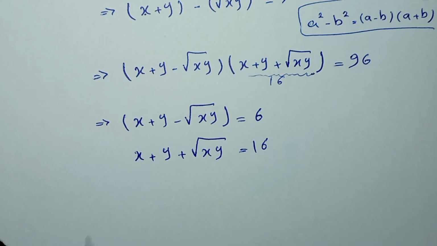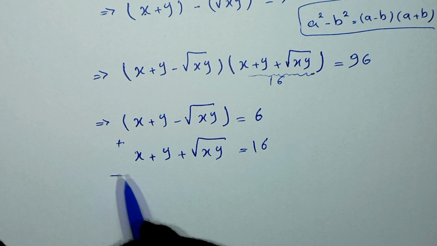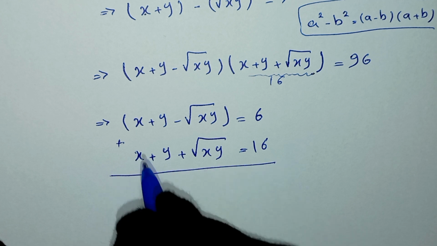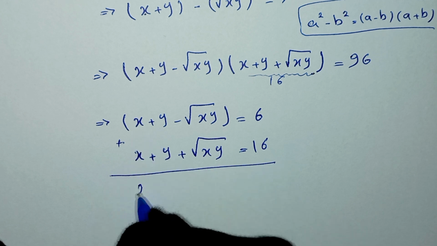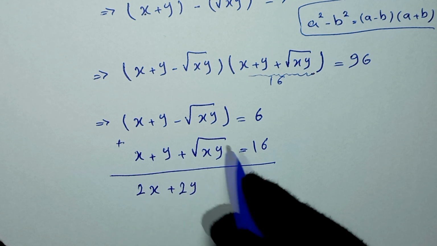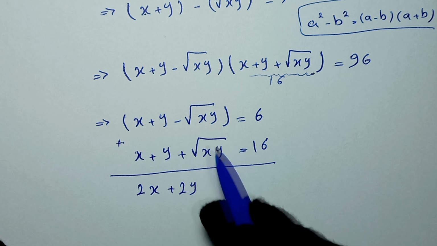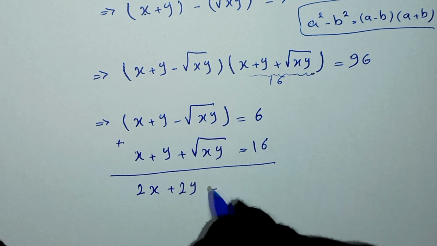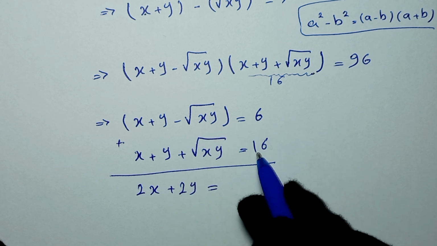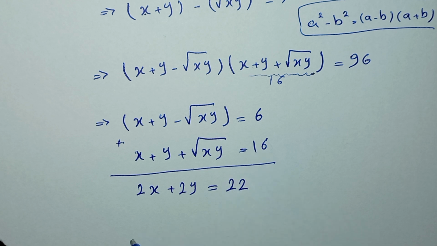And next step, we can add these two equations together. So it will be x plus x is 2x and y plus y is 2y, and this negative square root of xy and this positive square root of xy will cancel each other, so it will be 6 plus 16 is equal to 22.